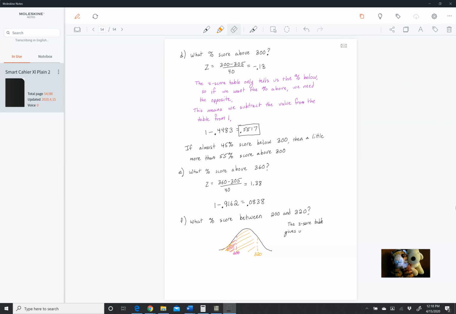Gives us cumulative area below a certain number, specifically a z-score.